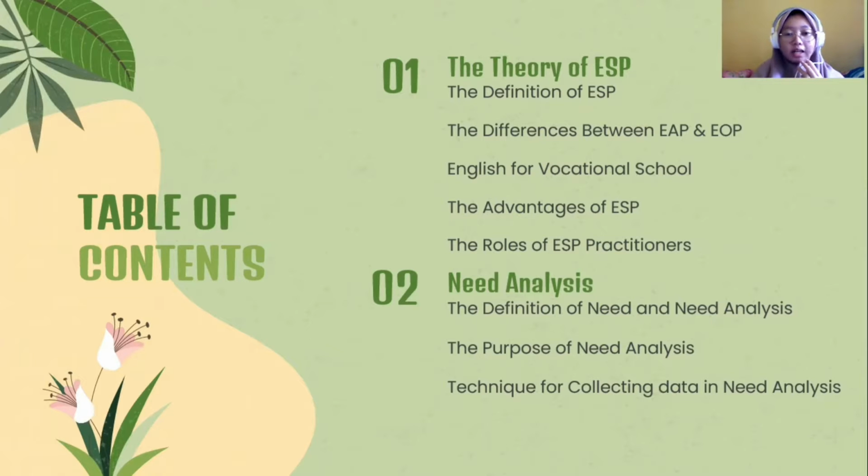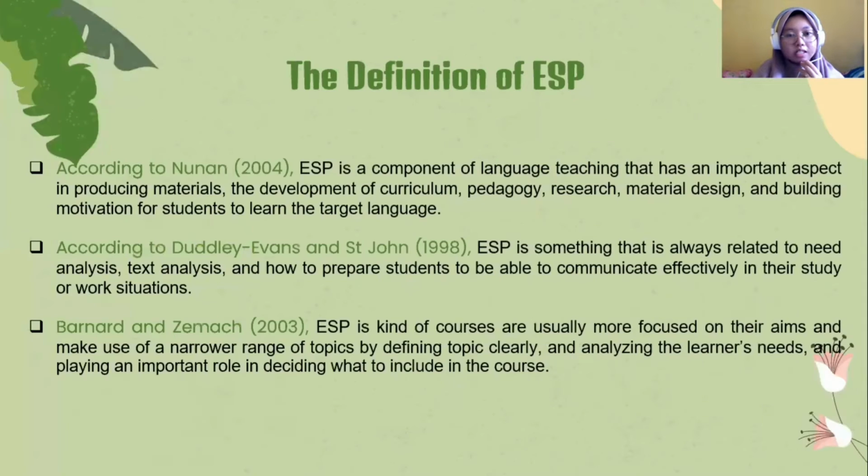Meanwhile, for need analysis, we will talk about the definition of need and need analysis, the purpose of need analysis, and last but not least, techniques for collecting data in need analysis. So let's jump to the material.